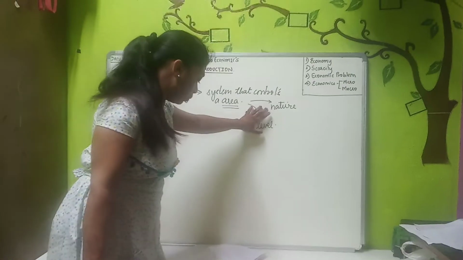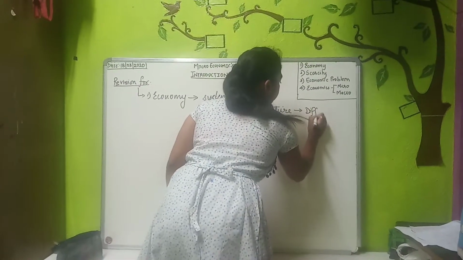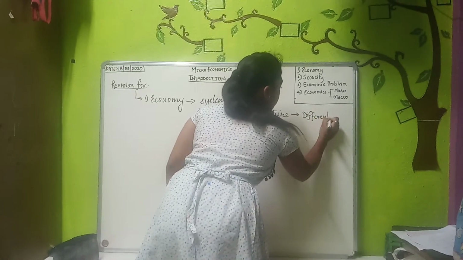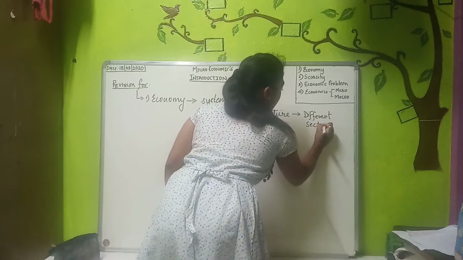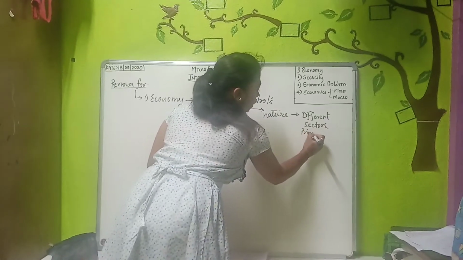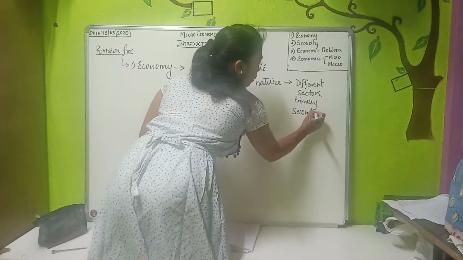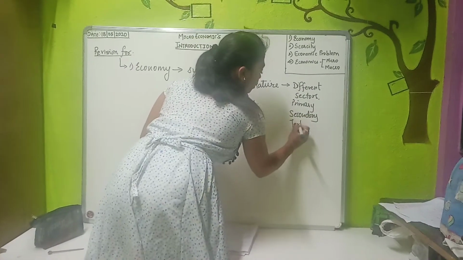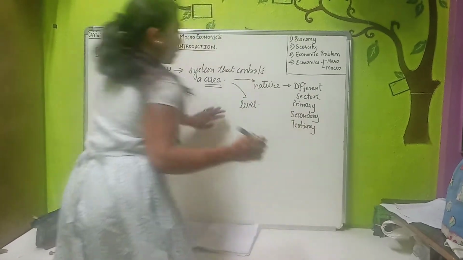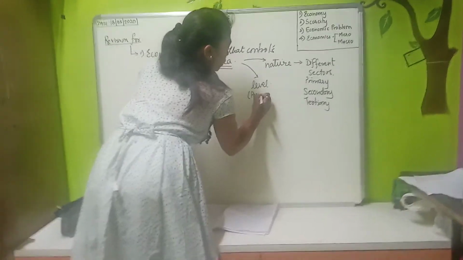When I talk about the word nature, it refers to different sectors which we studied in standard 10 as primary, secondary and tertiary. Whereas when I talk about the level, this is the personal thinking.